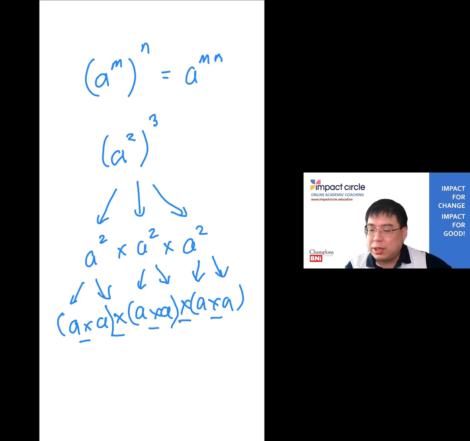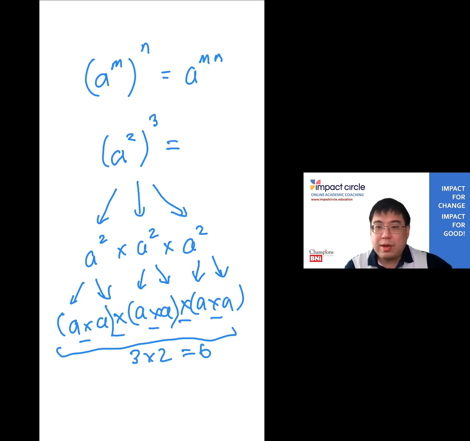So we have a total of 3 times 2 copies of a. This gives us the result that a squared to the power of 3 is the same as a to the power of 6. So for this law, you multiply the powers together.